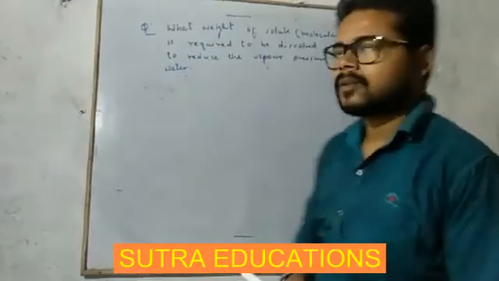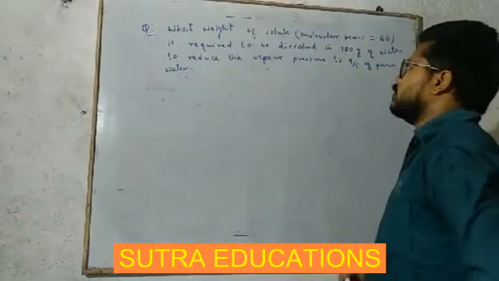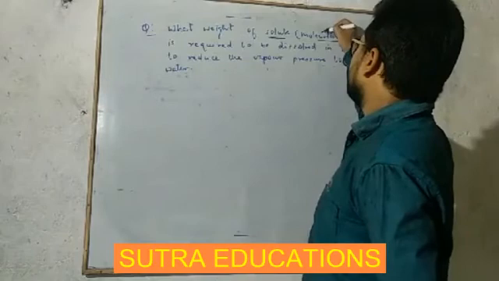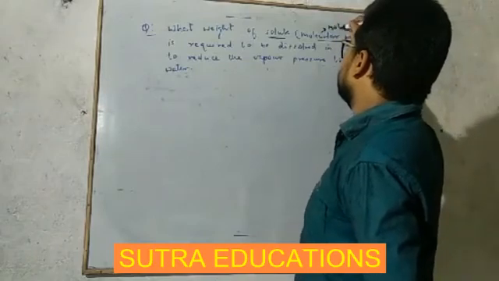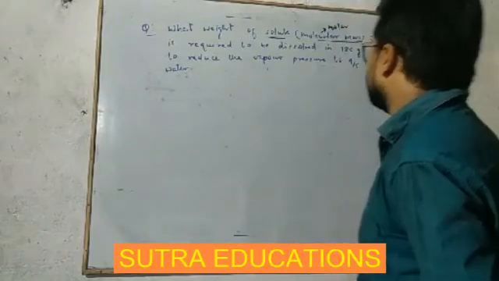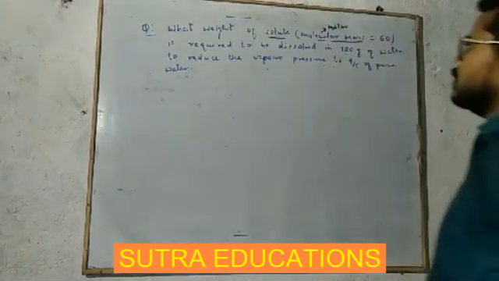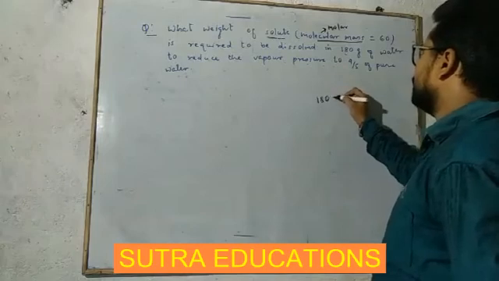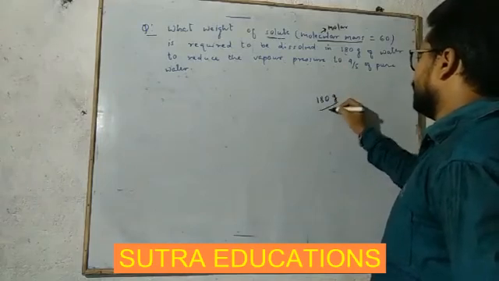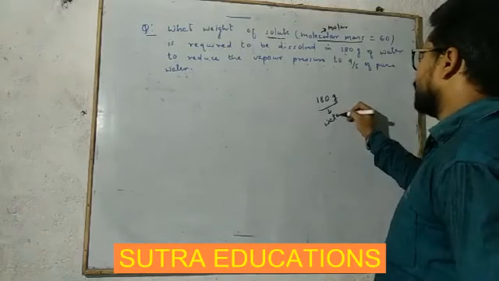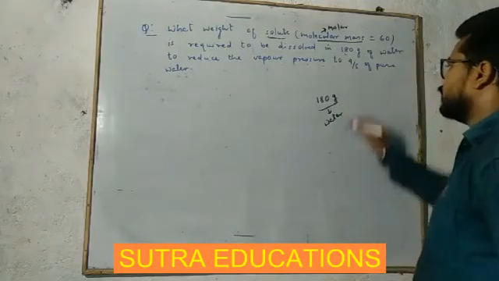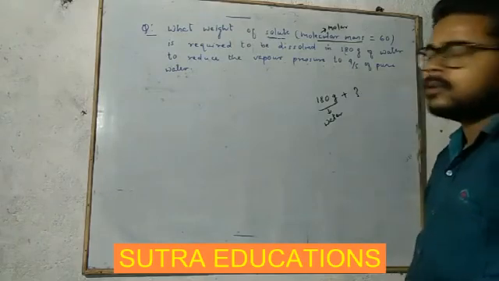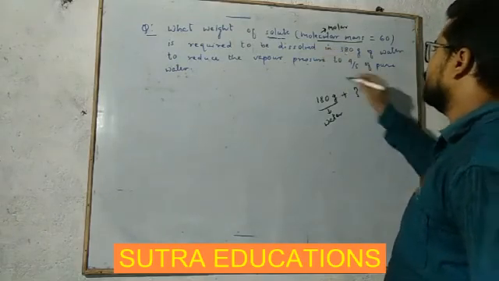Okay, so the question is, what weight of solute? Its molar mass is given as 60, and it is required to be dissolved in 180 gram of water. Means in this 180 gram of water we have to dissolve some solute.